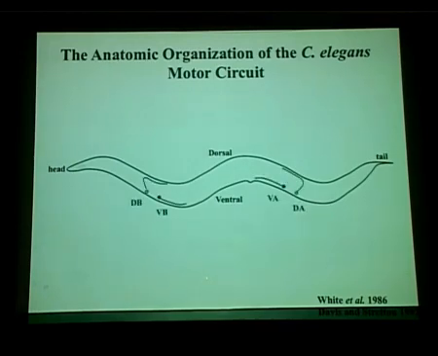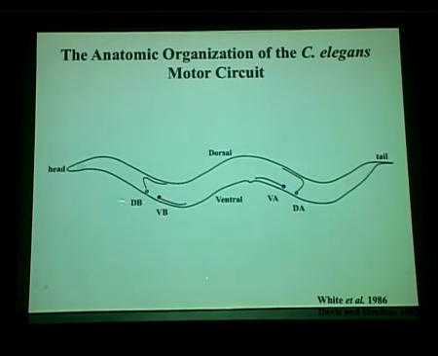So the sequential activation of the muscle contraction is mainly receiving inputs from 2 classes of cholinergic motor neurons, the A and B motor neurons. These motor neurons are further divided into dorsal and ventral subgroups, depending on whether the axon's output is to ventral muscle or dorsal muscle. These 2 neurons are pretty much identical in their morphology, with the exception that the axons project in opposite directions.